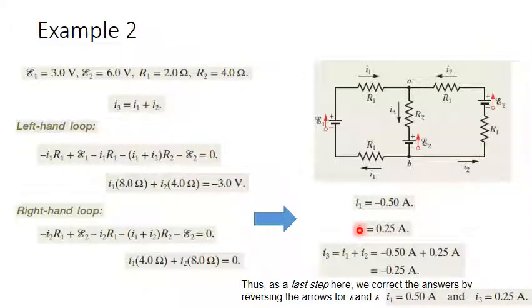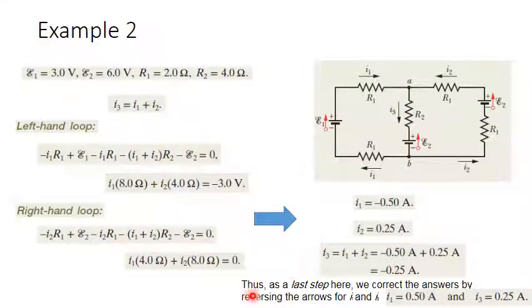I1 plus I2 by summation, it would be minus 0.5 ampere plus 0.25 ampere, which is minus 0.25 ampere. Once again, I3 is negative. It means that the value of I3 is 0.25, but the direction of I3 is opposite to the direction that I have assumed. Okay?